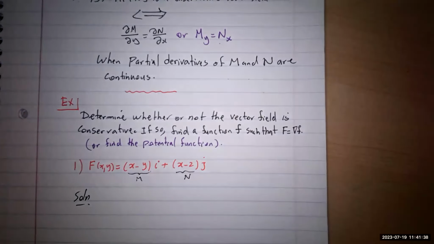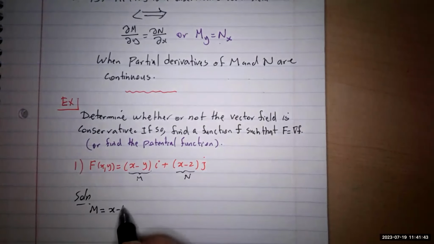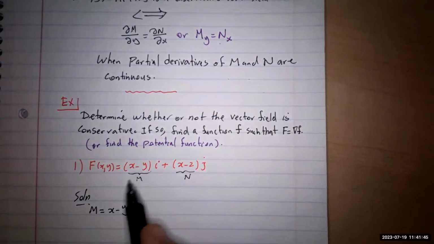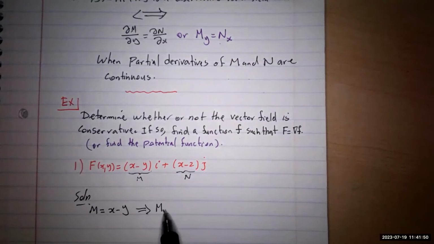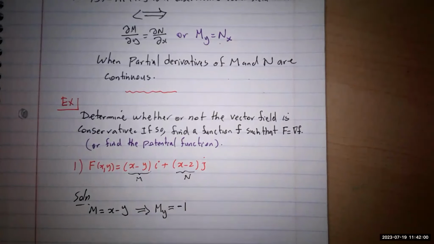That's it. So M is equal to x minus y. You see, M is the first component, but you differentiate with respect to y. So you find M sub y, the derivative with respect to y, would be negative 1. That's the first one. Then we get N. N is x minus 2. That's the second component, but you differentiate with respect to x, that gives you 1. As you can see, they are not equal to each other.